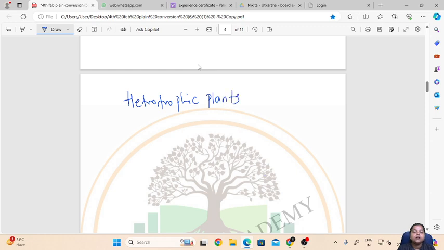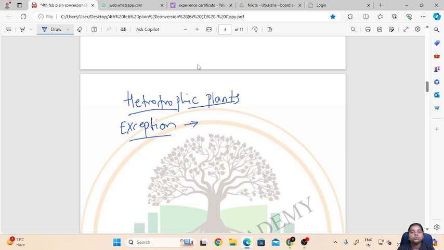There are some plants, which are called an exception. Okay, this is called an exception. Rarely you will find this. There are some plants which do not produce their own food. They depend on others for their survival, for their nutrient uptake. So these plants are called heterotrophic plants.